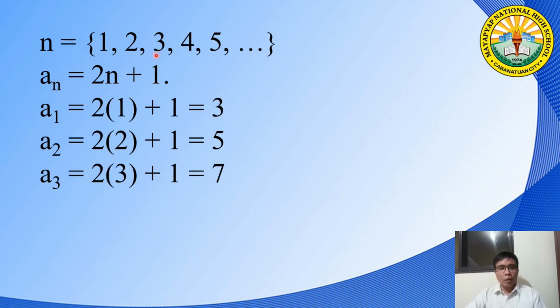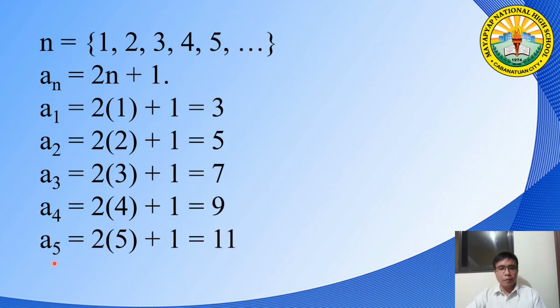Using n equals 3, a sub 3 equals 2 times 3 plus 1. 2 times 3 equals 6 plus 1 equals 7. Using 4 for n, a sub 4 equals 2 times 4 plus 1. 2 times 4 is 8 plus 1 equals 9.